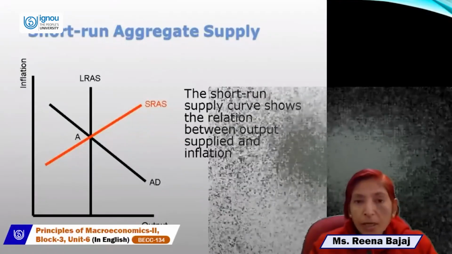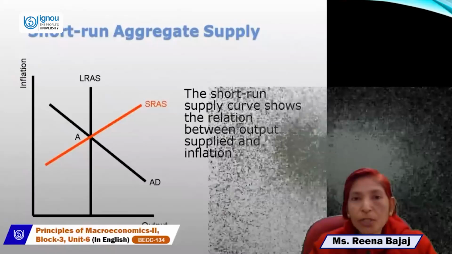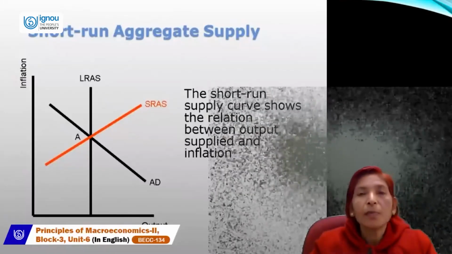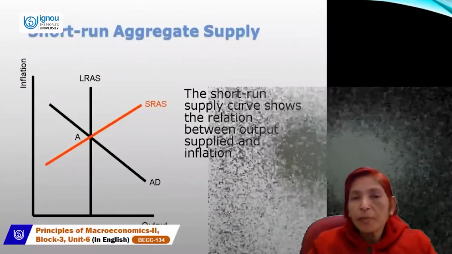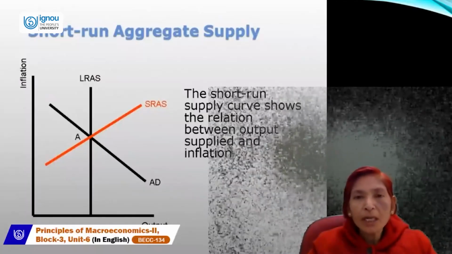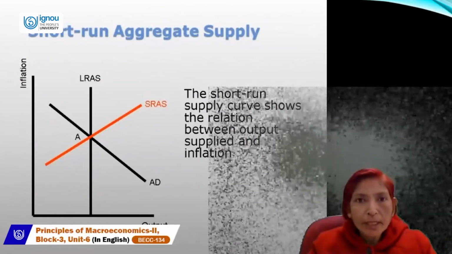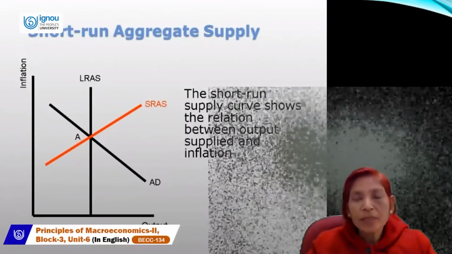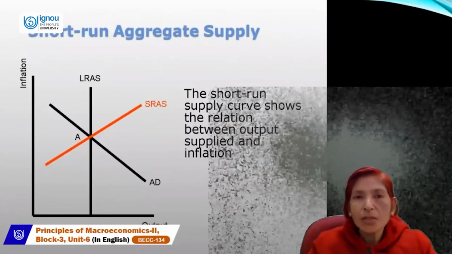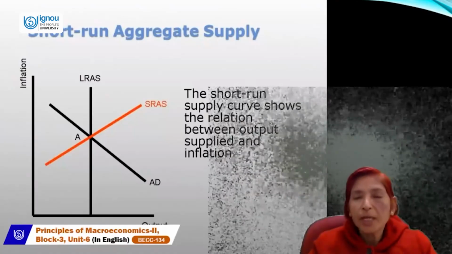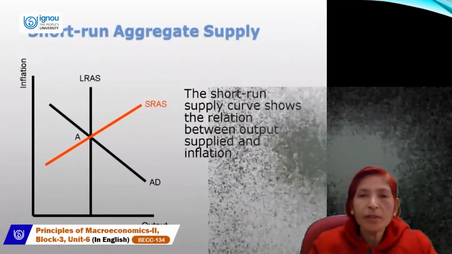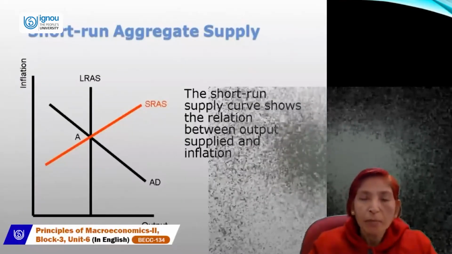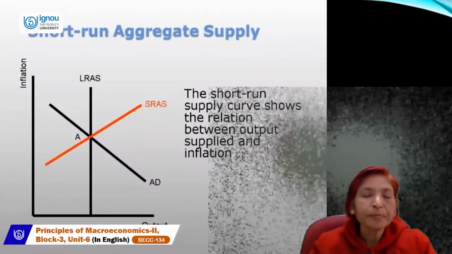If we are talking about the Keynesian approach, according to the Keynesian approach, in the short run, prices are more sticky in nature, price remains constant. That's why the supply curve will remain always horizontal. In this case, price remains constant, quantity of output can change or level of income can be changed, but price will not change in the short run.